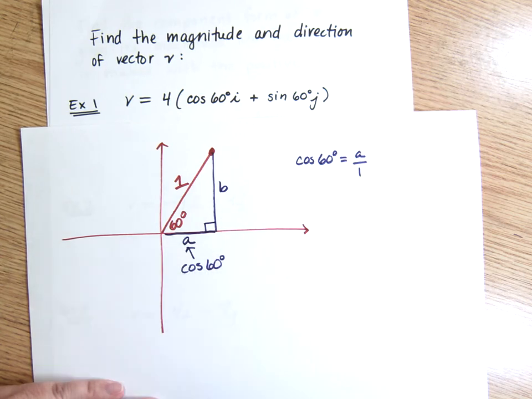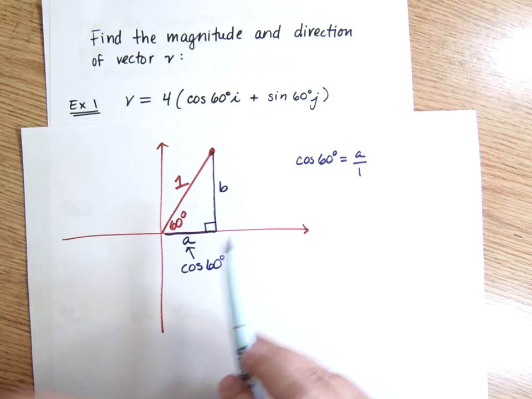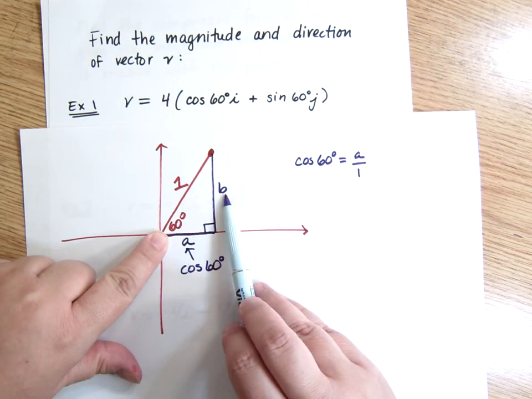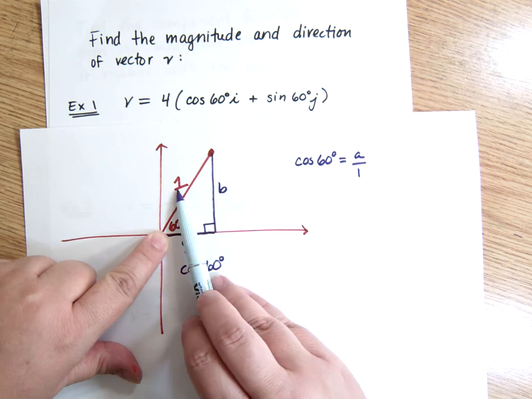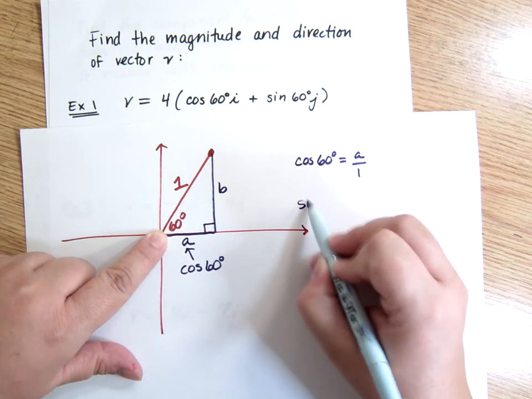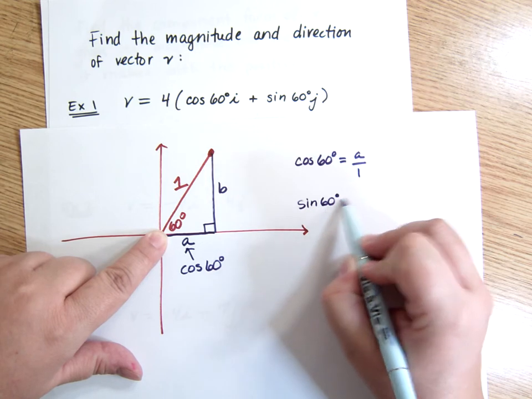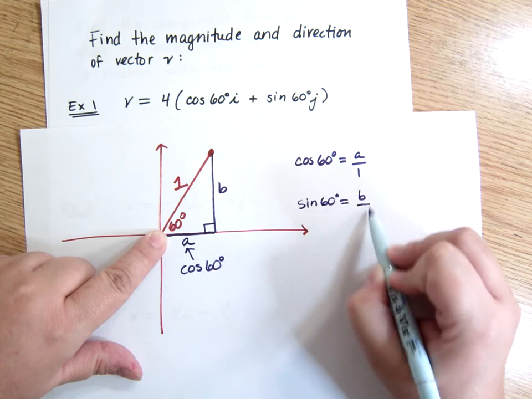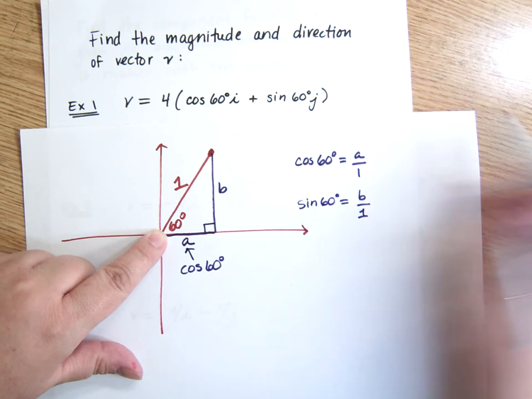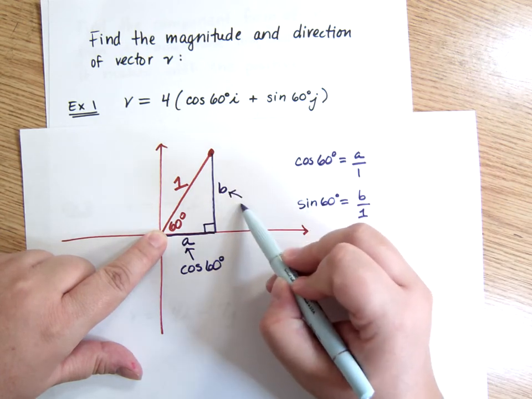Guess what's going to happen when we do the other one? You probably already know. Opposite from 60, this is the opposite side. This is the hypotenuse. Opposite and hypotenuse is sine. So sine of 60 equals opposite, which is b, over hypotenuse, which is 1. b over 1 is just b. So the sine of 60 is just b.